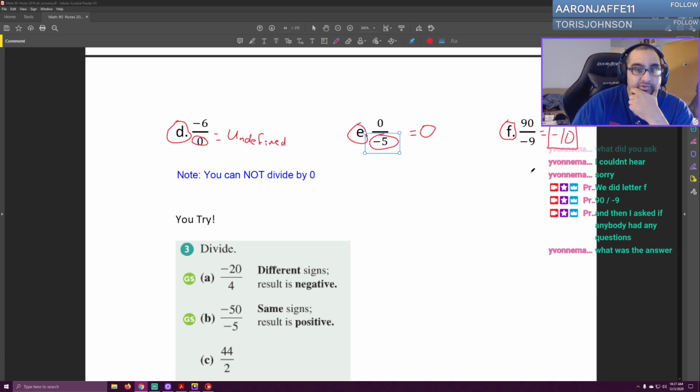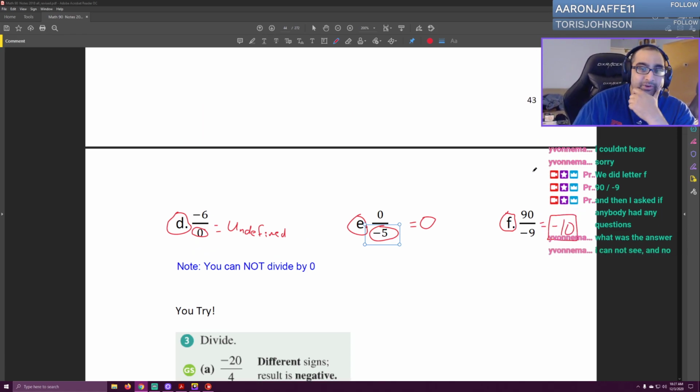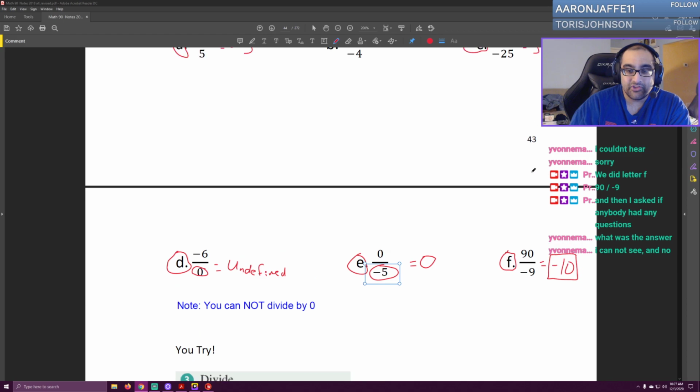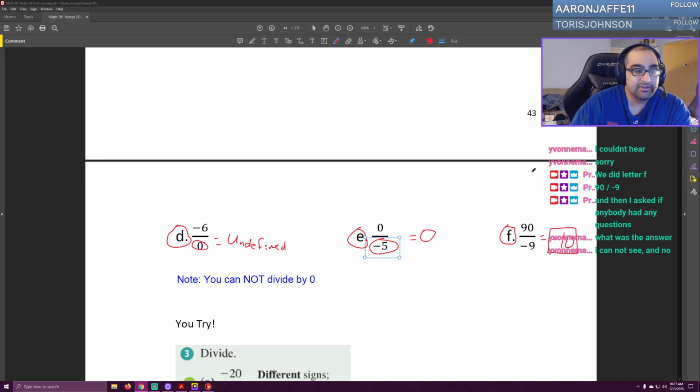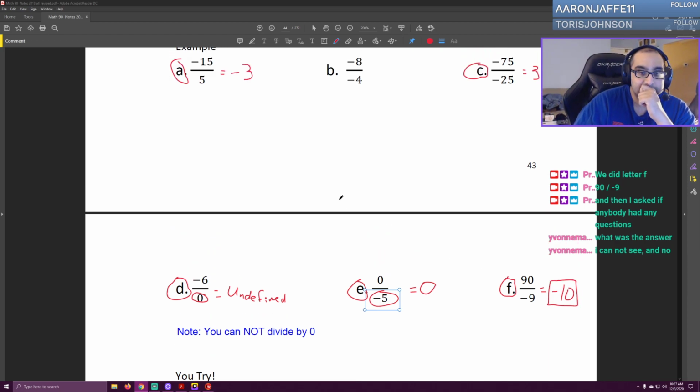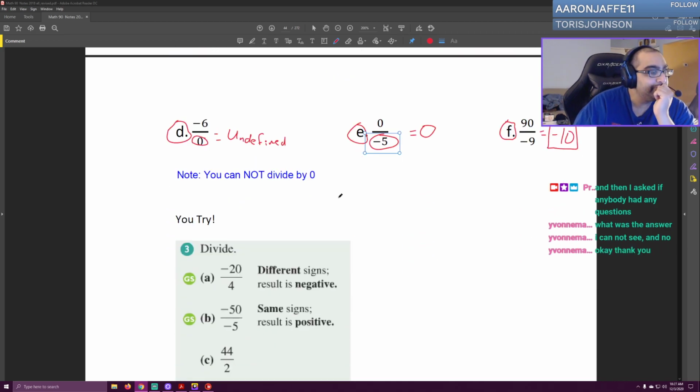Sorry, my bad. The answer here is minus 10. So again, a positive divided by a negative is negative, and 90 divided by 9 is 10. Okay, cool.